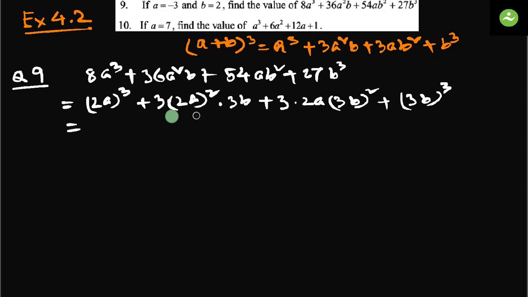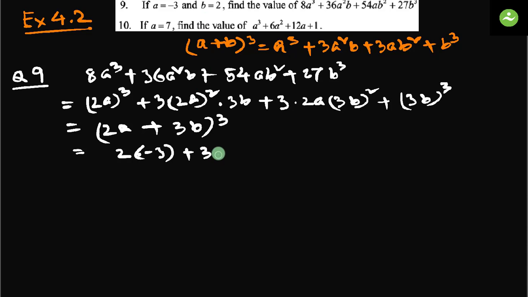Now straightaway we can write (a plus b) whole cube. Here a means 2a and b means 3b, whole cube. Now we can put the value of a and b, and if we put the value of a and b, it becomes 2 into minus 3 plus 3 into 2, whole cube.